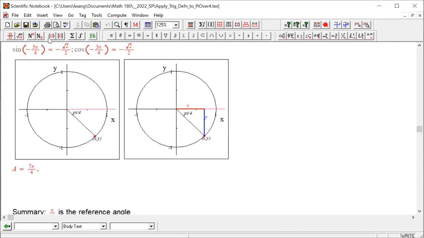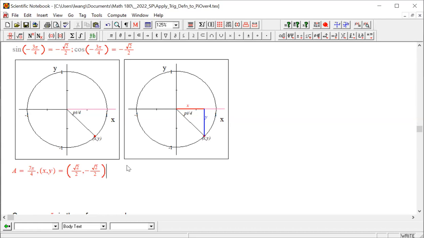The point on the terminal of our choice is going to be root 2 over 2 and negative root 2 over 2. Why negative root 2 over 2? Because you see the blue is on the negative side of the y-axis. It's vertical, but it's underneath the x-axis.